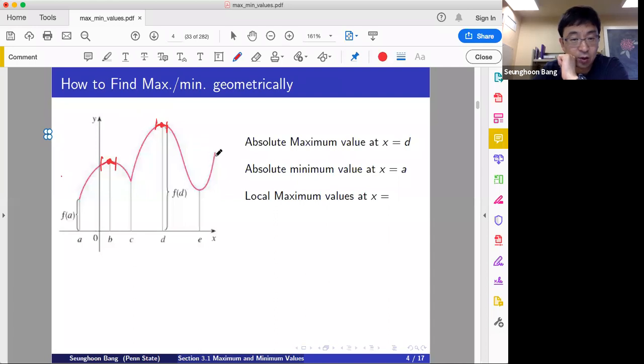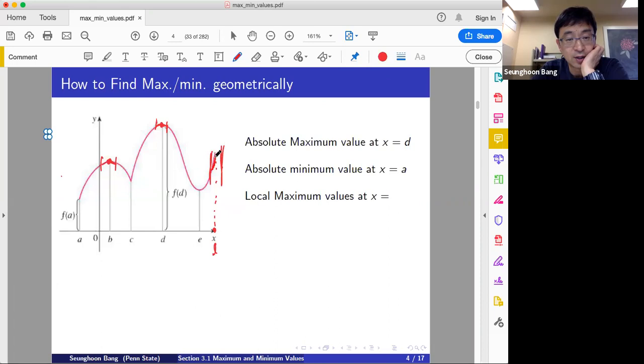How about this other point, which I'll call L? Do we have a local maximum at L? Yes or no? No. What does it mean? For a local maximum we look at the left-hand side and the right-hand side.